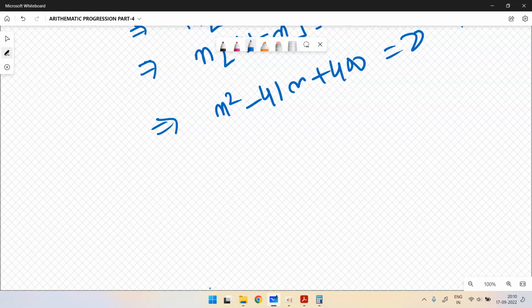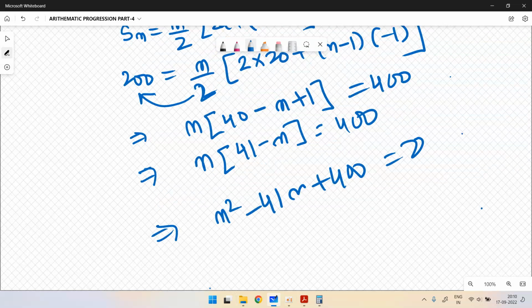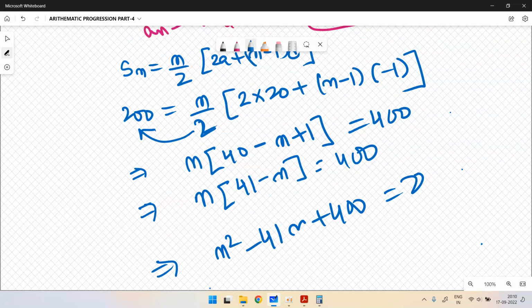This will be 400 here, and this initially is a negative sign.